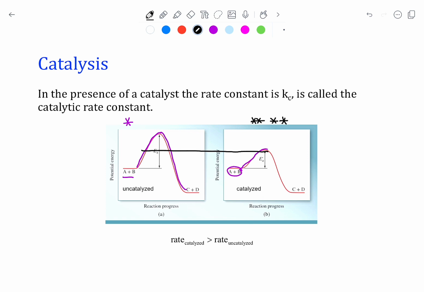So if we can use less energy, we could then use that energy elsewhere and maybe create more product. So we head over our transition state and again go to our products. So the rate of the catalyzed reaction is much faster than the rate of the uncatalyzed reaction.